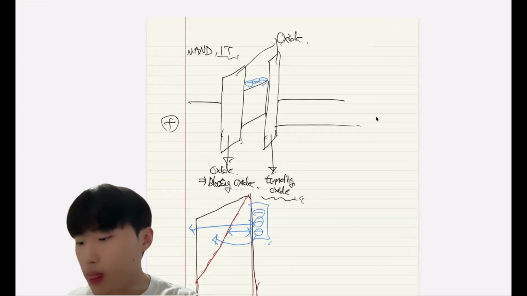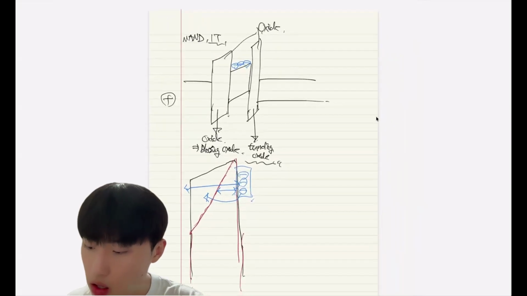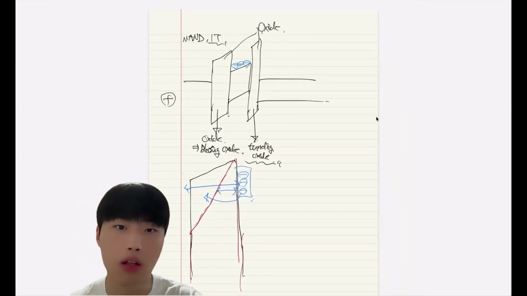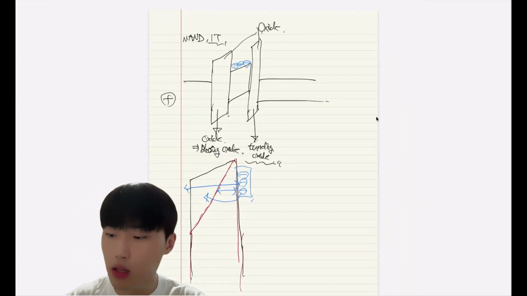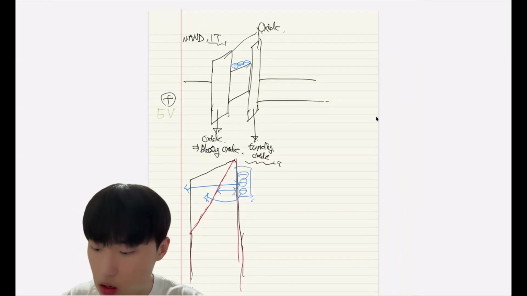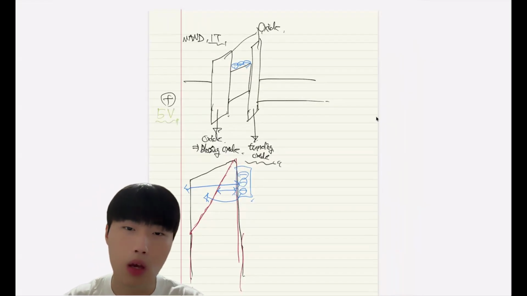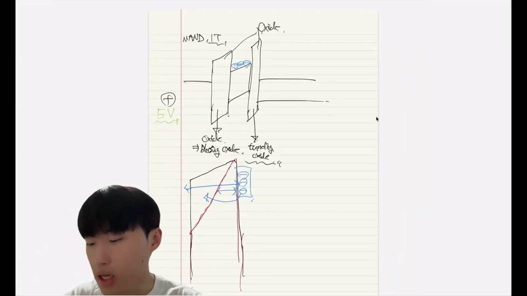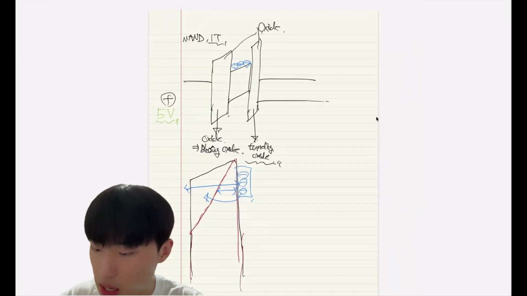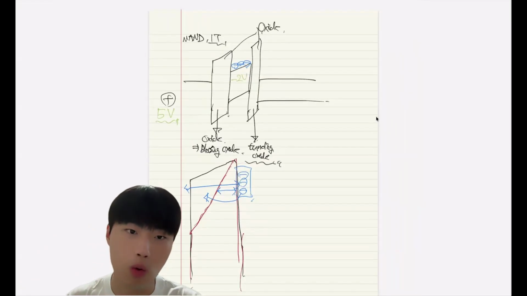When there are no carriers between the blocking oxide and the tunneling oxide, let's take an example: the threshold voltage will be 5 volt. But when there are some carriers between the oxides, let's say that makes minus 2 volt.